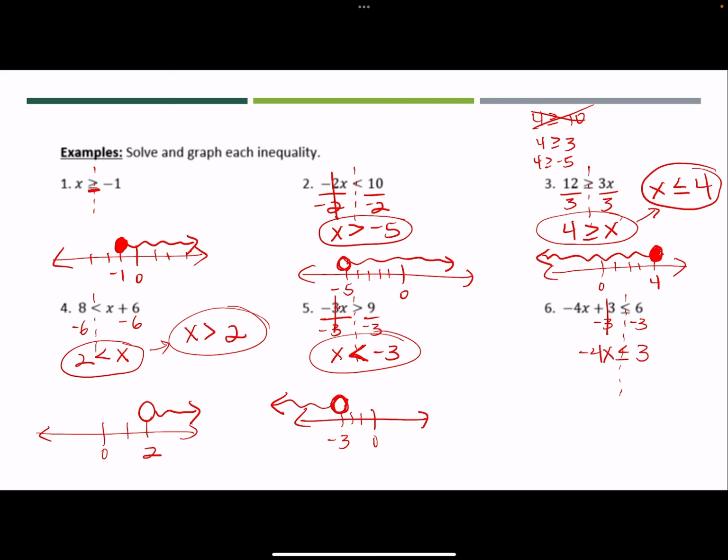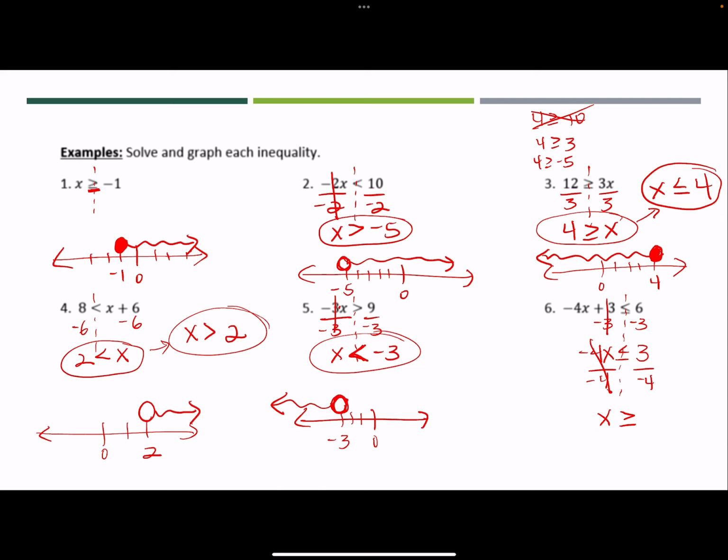Now, I subtracted 3. Subtracting 3, even though there's a minus sign, does not make the inequality flip. But now to get x by itself, I have to divide both sides by negative 4. I'm dividing by a negative number, so I have to flip the inequality symbol. So x is greater than or equal to 3 over negative 4.